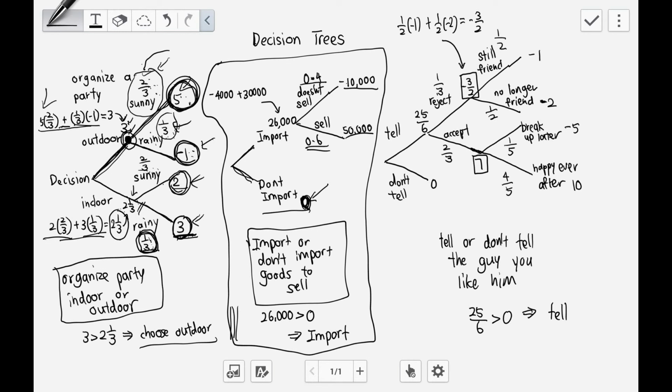Based on this, I will use the same type of calculation as in the first part of this video. I take minus 10,000 multiplied by 0.4 and get minus 4,000, and I take 50,000 multiplied by 0.6 and get 30,000. I add these two values up to derive the value at this decision: 26,000. So 26,000 compared to 0, 26,000 is of course more, so I will choose to import, although there's still a chance of me losing $10,000.